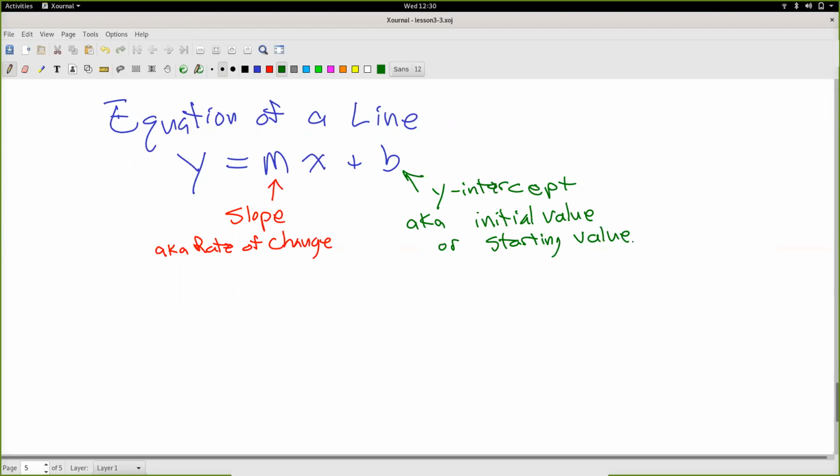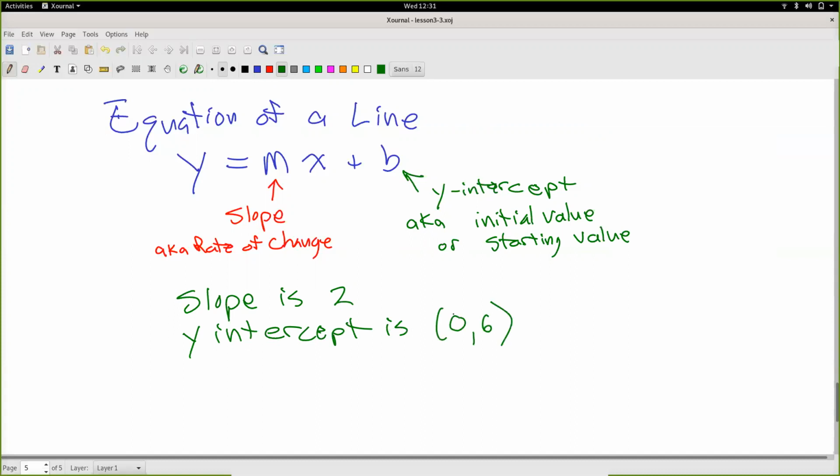So in the situation I got for number one, they just told me, hey, your slope is, mine was I think 2. And they said my y-intercept is, and they gave me the point 0.6. And so the slope is pretty straightforward. They're saying, hey, that's your m right there. That 2, that's your m. As far as the point goes, a point is always an x value followed by a y value.